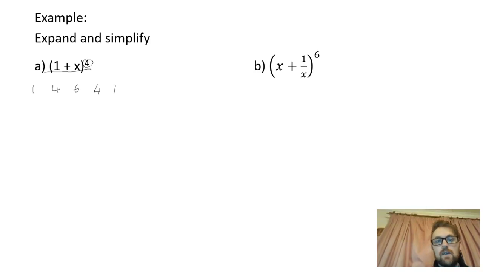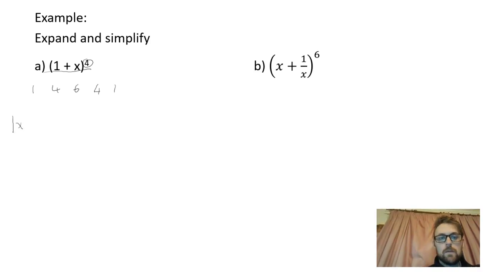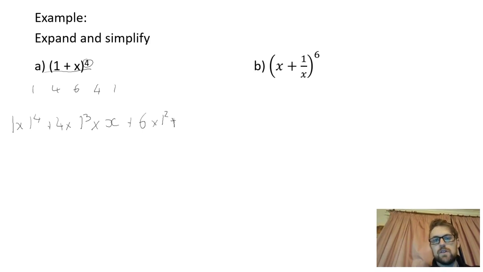So when I'm expanding this, what I'm doing is I've got 1 times by my first number to the power of 4, plus 4 times by that first number to the power of 3 times by that second one to the power of 1, plus 6 times by 1 squared times by x squared, plus 4 times by 1 to the power of 1 times by x cubed, plus x to the power of 4.